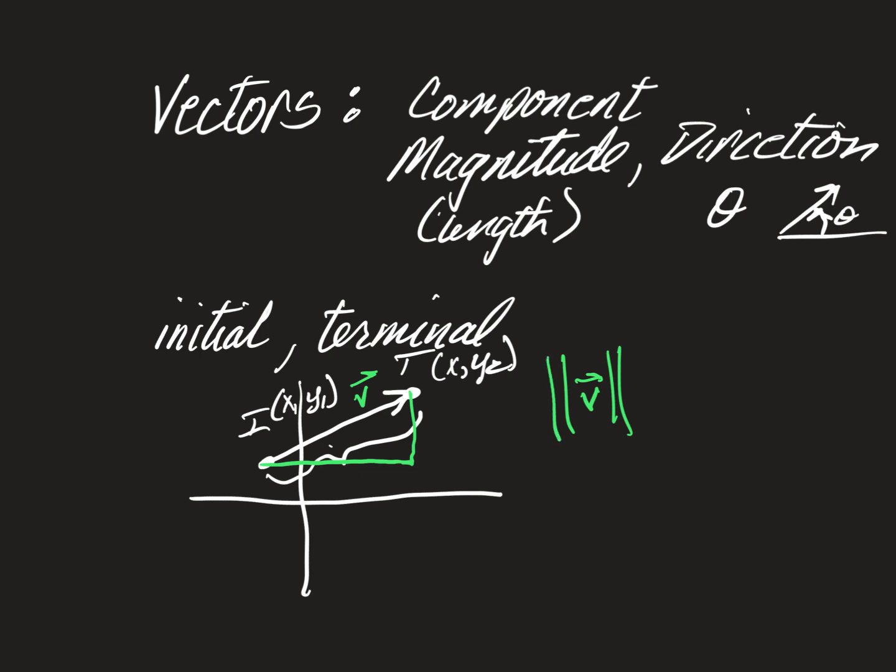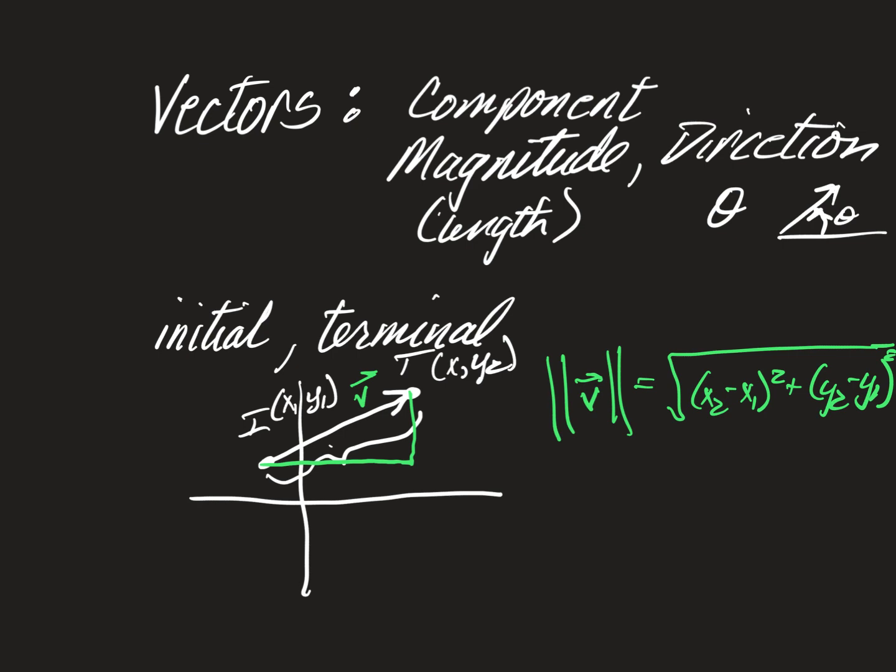Magnitude of vector v is equal to basically the distance formula. So x2 minus x1 squared plus y2 minus y1 squared, all under a square root. And if you look at that, if we found the length of a radius, we use the Pythagorean theorem. The distance formula is just the Pythagorean theorem in disguise.